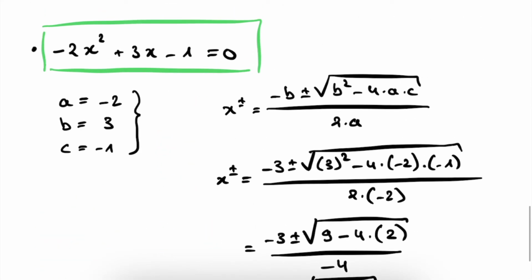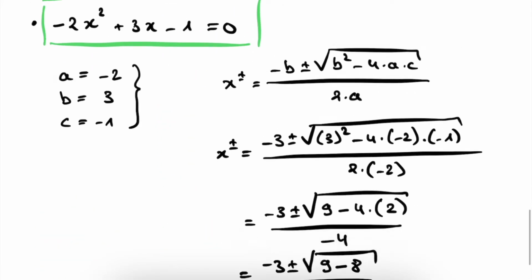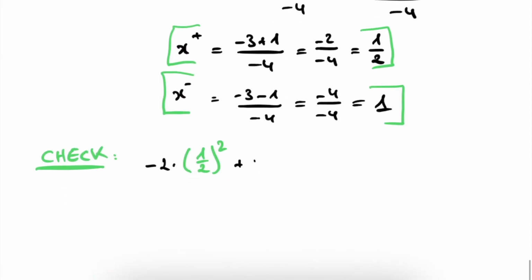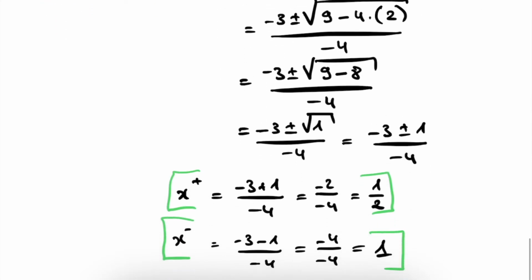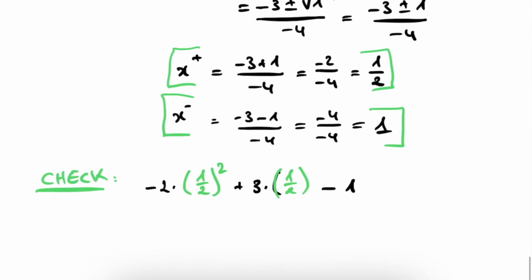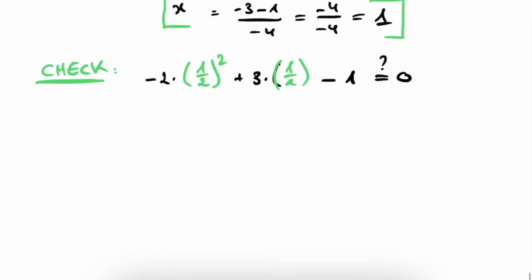The next term was plus 3x, which becomes plus 3 times 1/2. And then our constant term was simply minus 1. So is this equal to 0? Well, let's do the calculation real quick. Minus 2 times 1/4, because 1/2 squared is 1/4, plus 3/2 minus 1. Is this equal to 0?